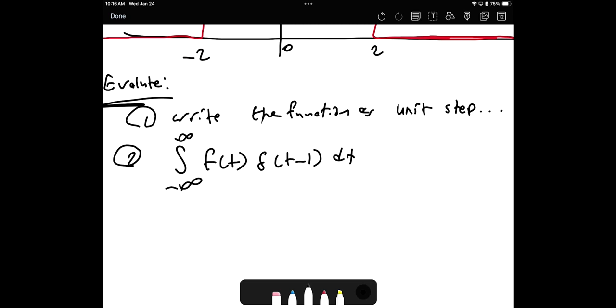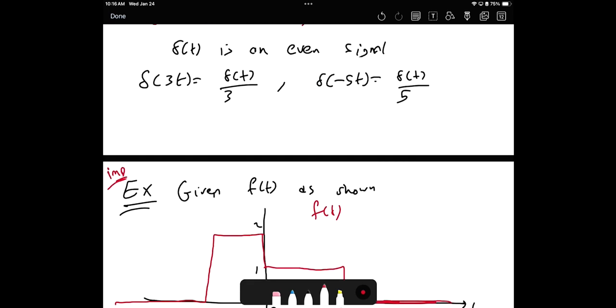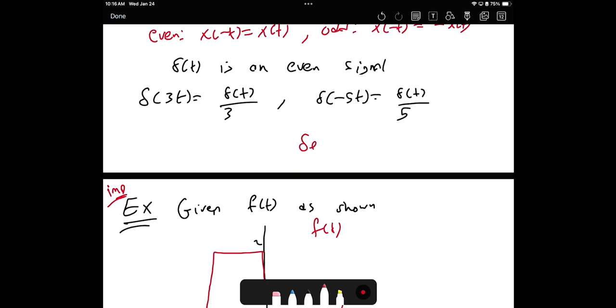So try to remove delta. Now we have the integral of delta according to the properties that we know about delta function. By the way, delta function is also called, in other words, impulse function.